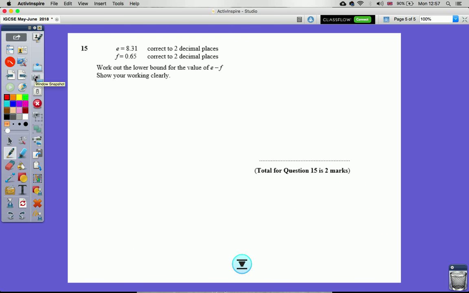Okay, question number 15. E is equal to 8.31 correct to 2 decimal places. F is equal to 0.65 correct to 2 decimal places. Work out the lower bound of value of E minus F. So first we'll do the upper bound and lower bound of E and F. So upper bound of E is 8.315 and the lower bound will be 8.305.